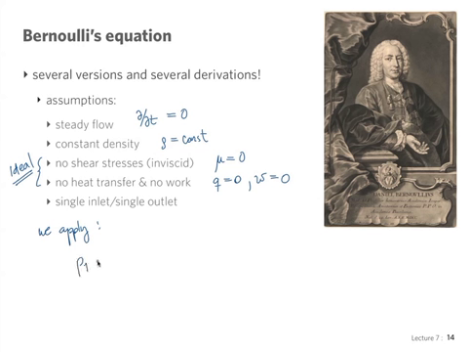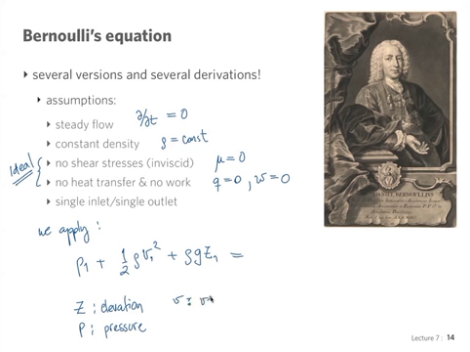P1 plus 1/2 rho V1 squared plus rho g Z1, where Z is elevation, P is pressure, V is velocity of the fluid, and this is a constant.